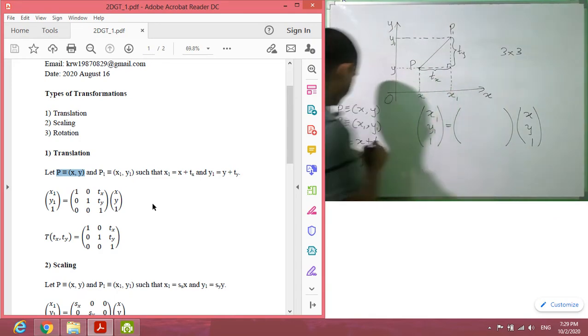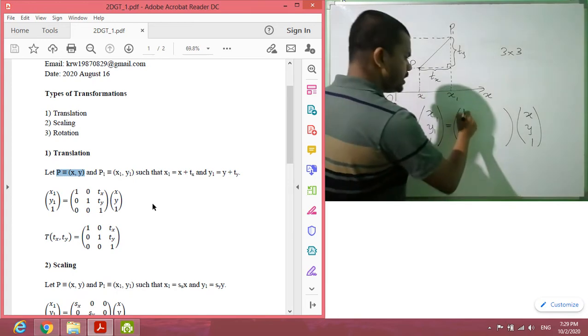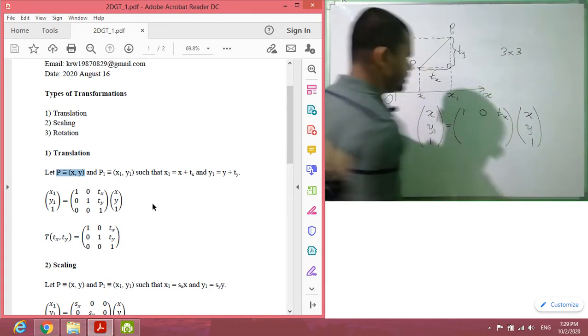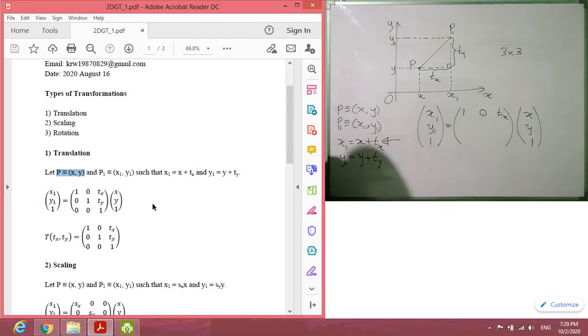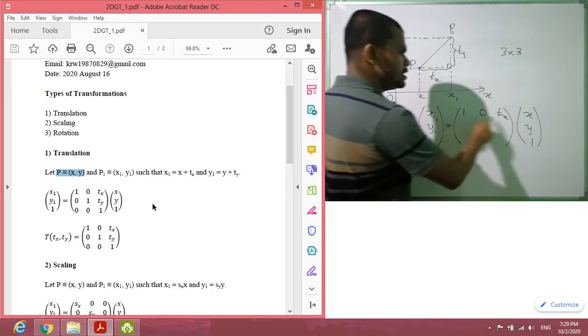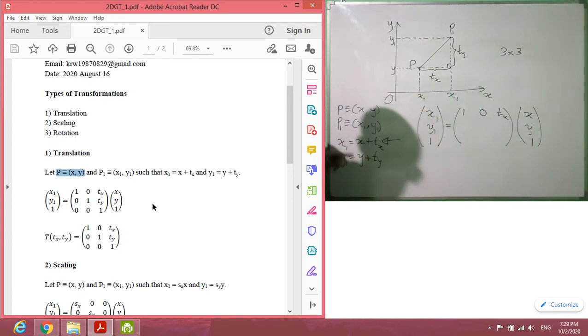In order to get this part, we have to write 1, 0, Tx. I hope you are familiar with matrix multiplication. 1 into x, x, 0 into y, 0, Tx into 1, Tx. Then you will get x plus Tx.